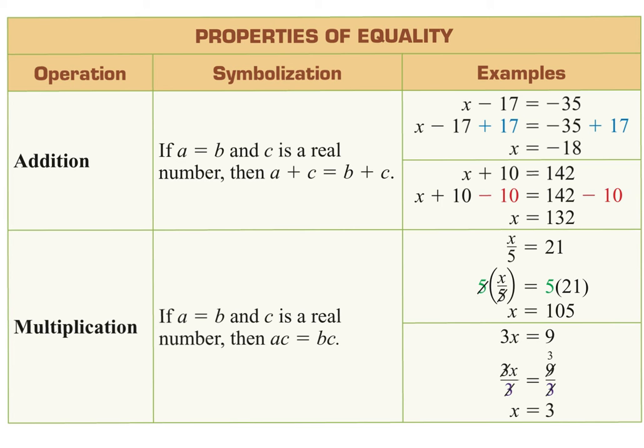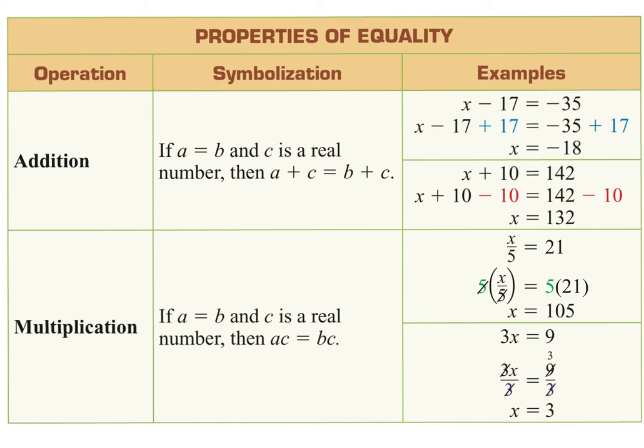If I have 5-pound weights on either side of a balance and I add 2 pounds to only one side, that becomes unbalanced. But if I add 2 pounds to both sides, then it remains balanced, right? And so your whole concept here is to keep the balance. Whatever you do to one side, you must do to the other. So with addition, if you add to one side, you need to add it to the other. Or if you take away from one side, you need to take it away from the other.